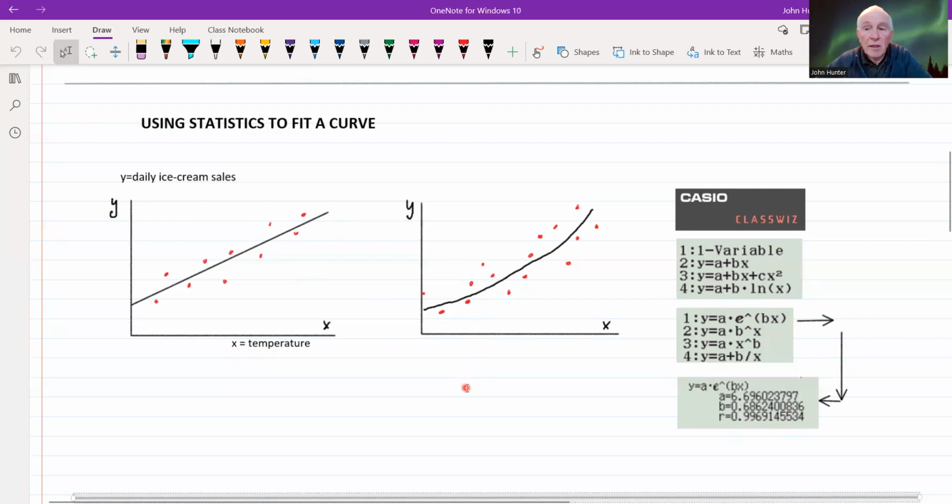The only thing is that our ways of determining A, B, or A, B, and C are slightly different, because in the statistics case, we're using lots of data points to do it. In our modeling, we are using boundary conditions to resolve for the unknowns.